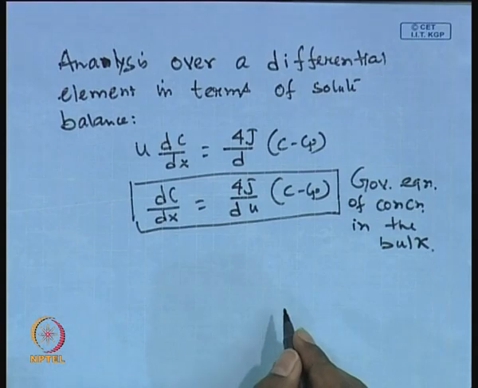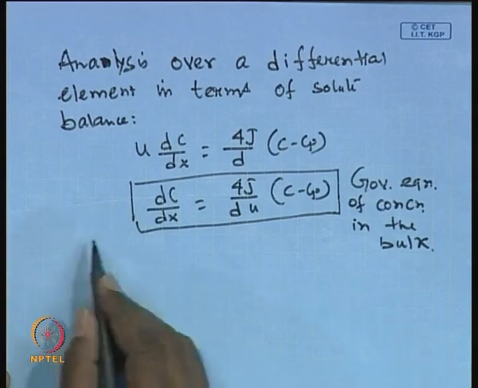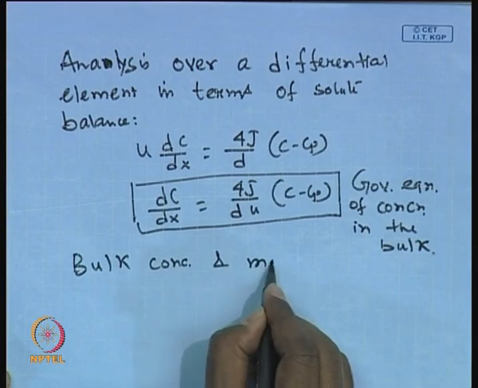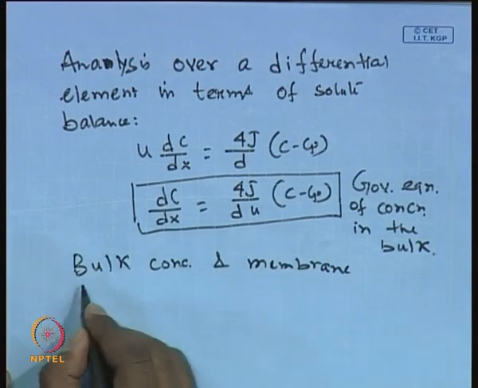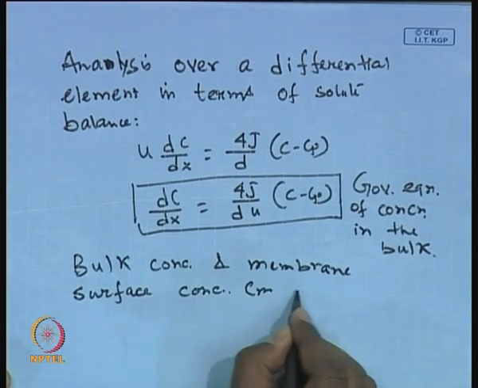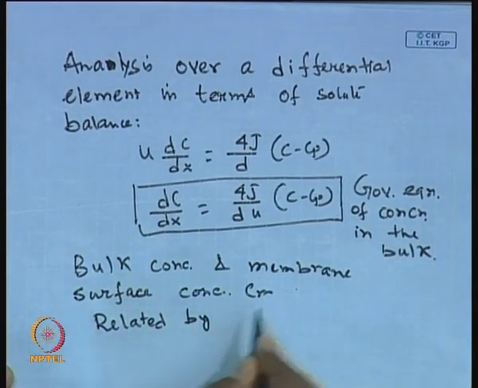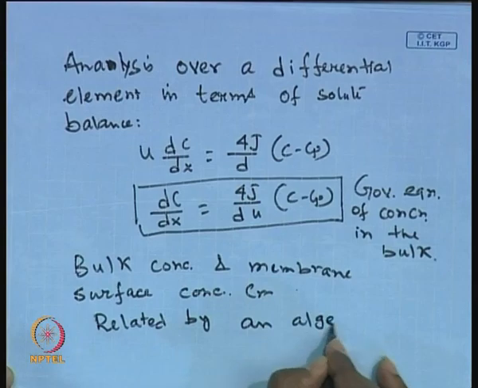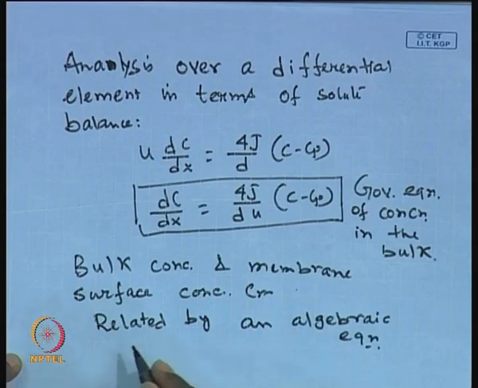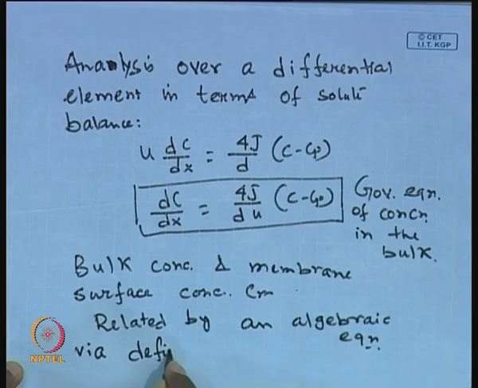in the bulk. Now, we know the mass transfer coefficient, and this bulk concentration C and membrane surface concentration Cm are related by an algebraic equation via the definition of mass transfer coefficient.